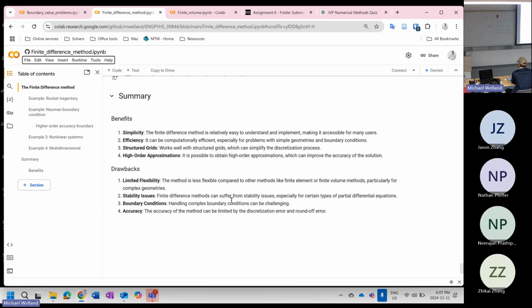So the problem with the boundary conditions here, and this is relevant to the finite volume method, which is next. If you remember, when you get to a boundary and you have Dirichlet, and you just say this function value is 10 over here, no problem, 10 is 10.